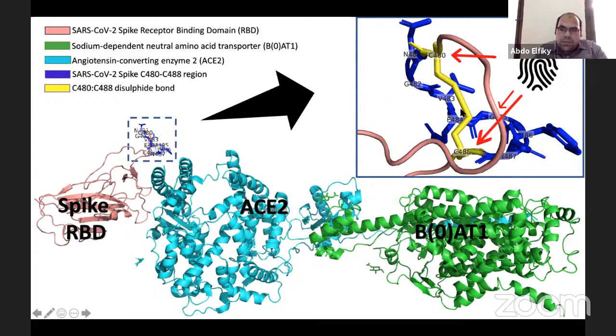We show here the three residues that can be used as a fingerprint, C480 and C488, and the glycine in the middle of the chain, the blue chains. I just don't see the number.